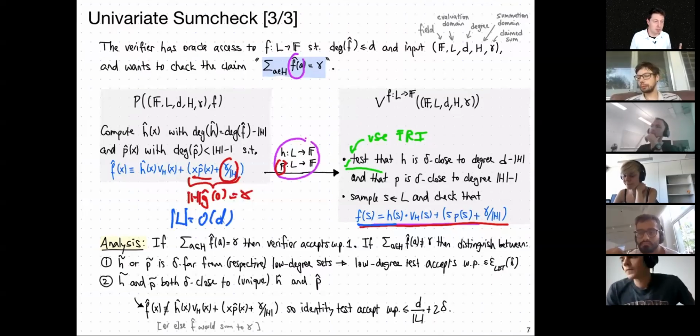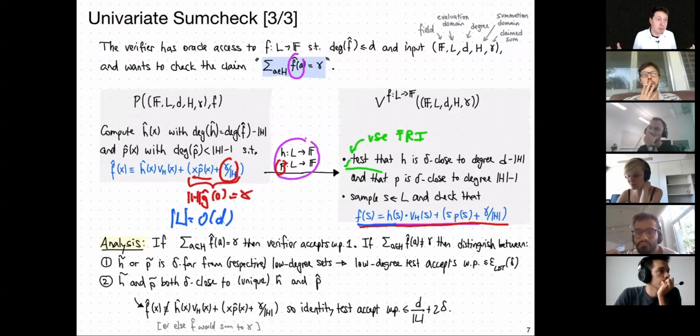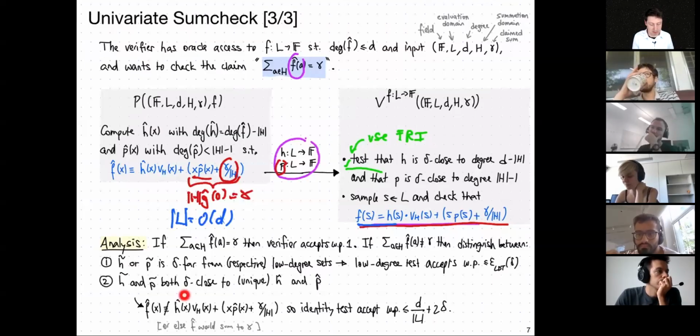So then it's pretty simple what to do. Whatever additional claimed polynomials show up at the doorstep, test them for low degree, for the corresponding degrees. And then once you do that, just run the polynomial identity test on the equation that they were supposed to satisfy. And that's it, right? So we're just converting some sum check problem to an identity test on some magical kind of formula. Okay. Yeah, that's a good way to summarize it.